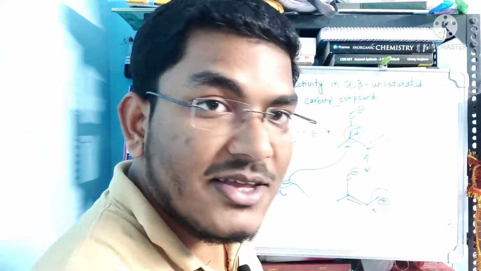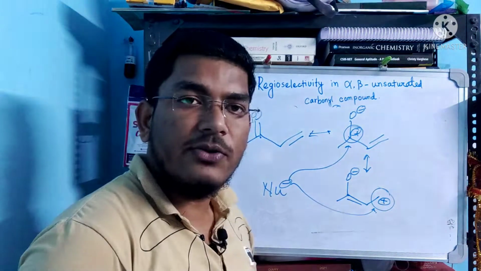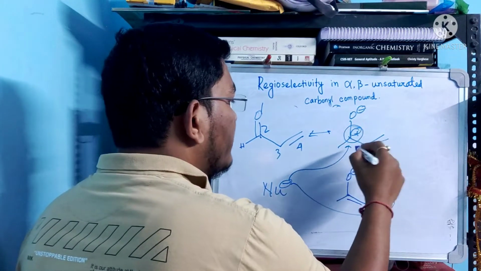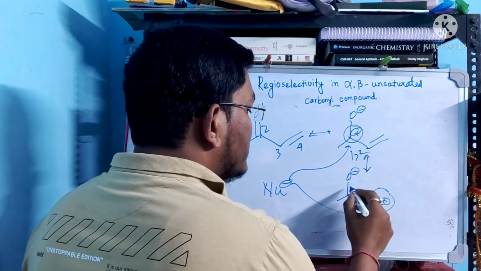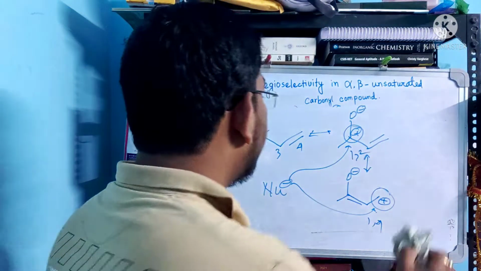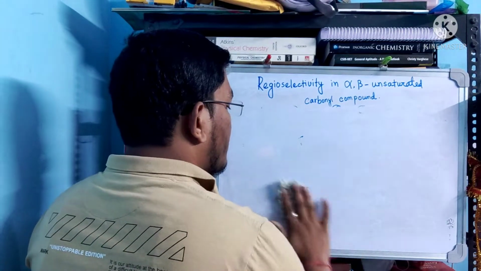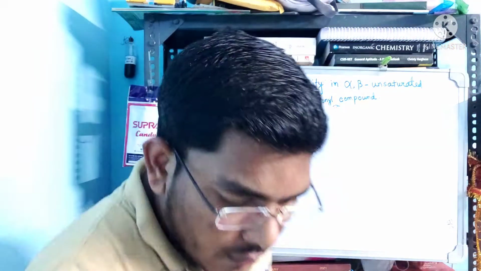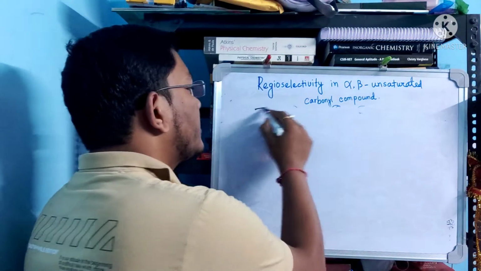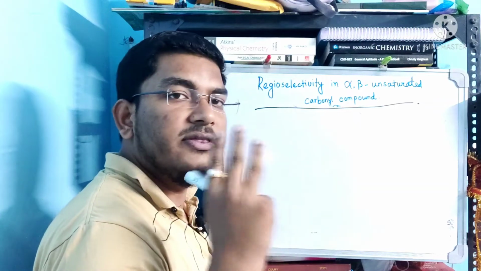Now we have to understand when each kind of attack will take place. Numbering 1 2 3 4, this kind of attack is called 1,2 and this kind of attack is called 1,4. This phenomenon can be explained with only three factors.